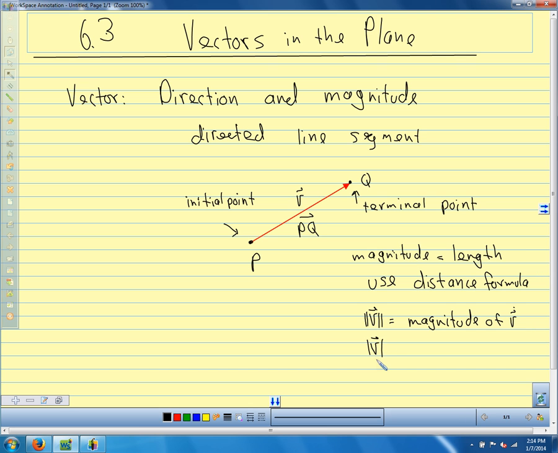It means the same thing. One set of bars, two sets of bars mean the same thing. This is a little less messy to write, so a lot of times I end up writing this. It means the same thing as this. So if you see those two, they mean the same thing. For the magnitude, the length of the vector, we use the distance formula to find the length.